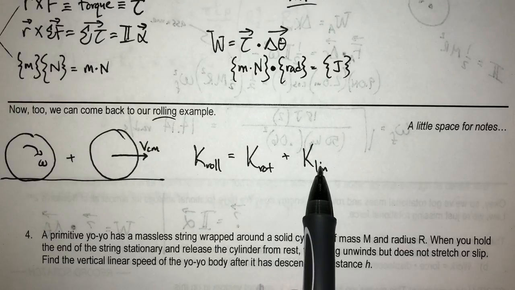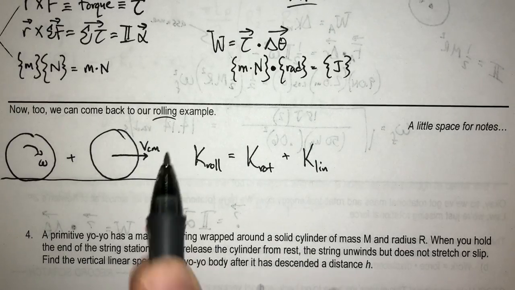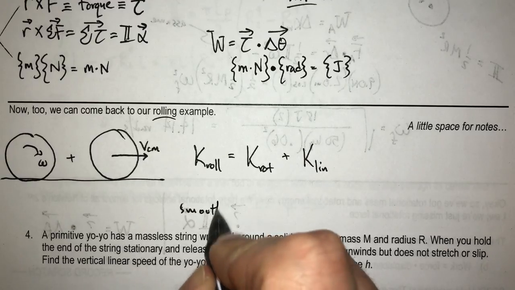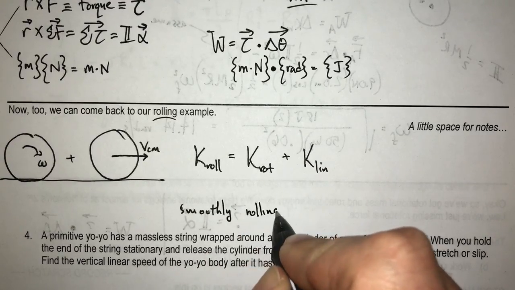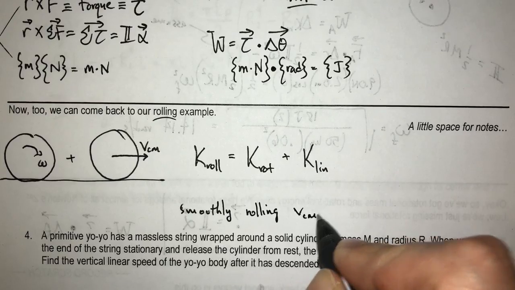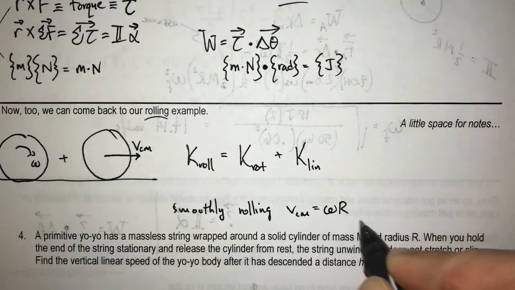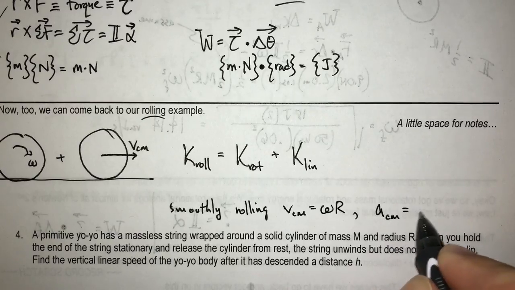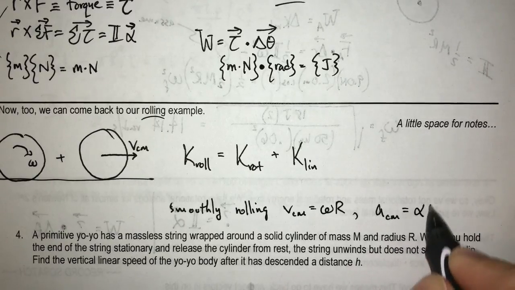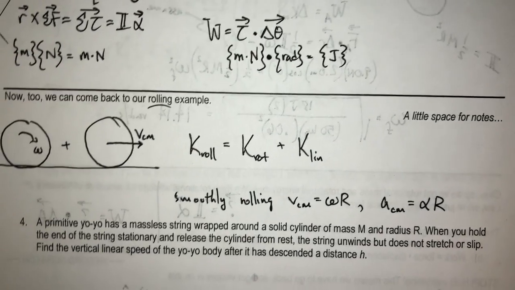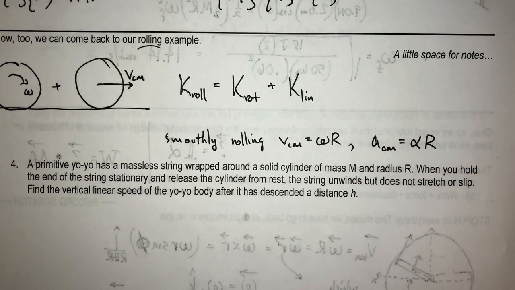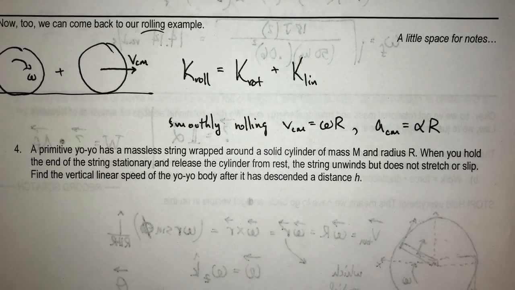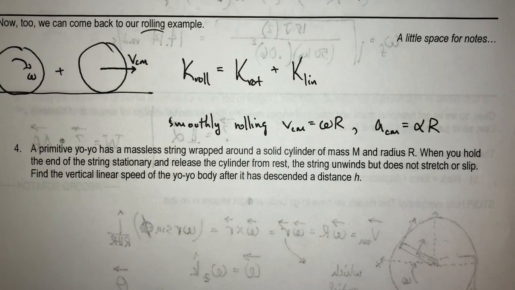As soon as we talk about this, we can put rolling, remember the smoothly rolling conditions, that relate the motion of the center of mass of an object to the rate at which it's rotating. Now, let's consider one more example, and then I'll leave you to examine the rest of the chapter on your own.